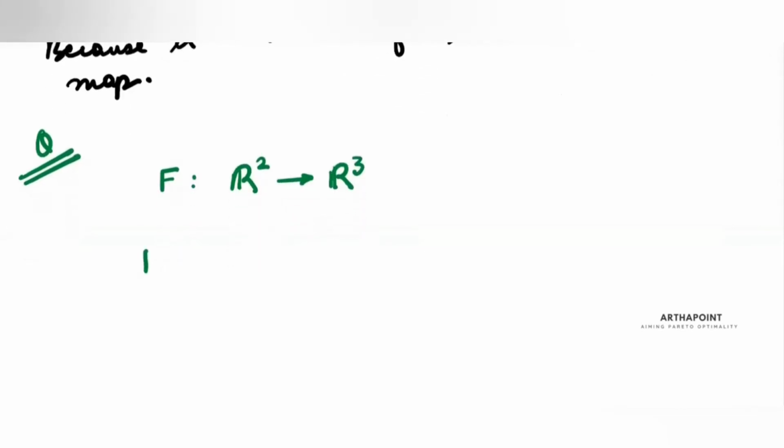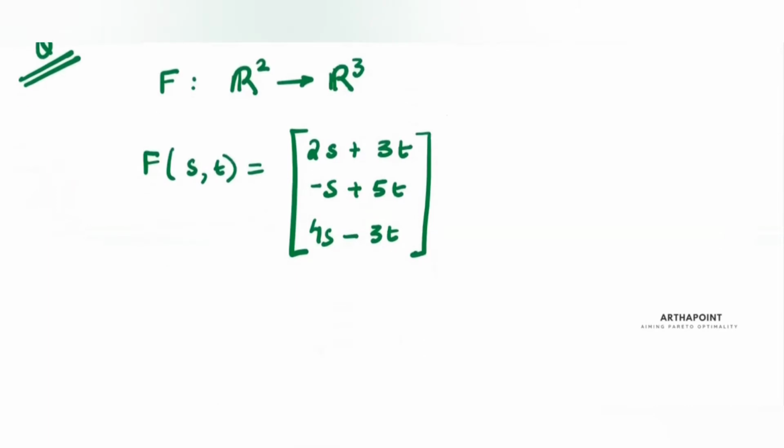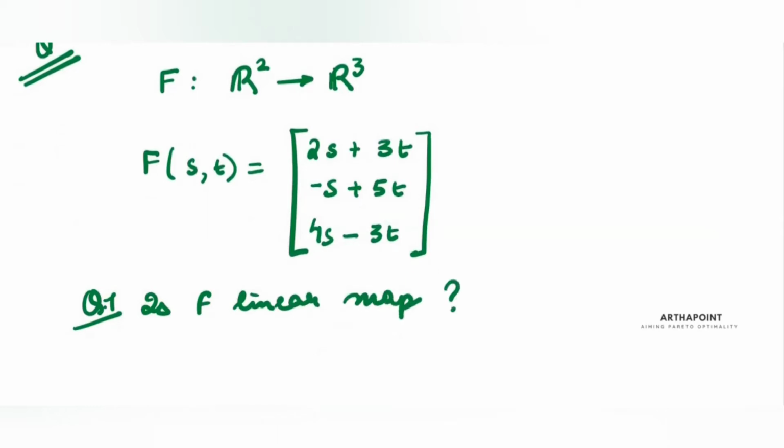And the function f(s, t) is given as (2s plus 3t, minus s plus 5t, 4s minus 3t). And the question is: is f a linear map? Please try this once.